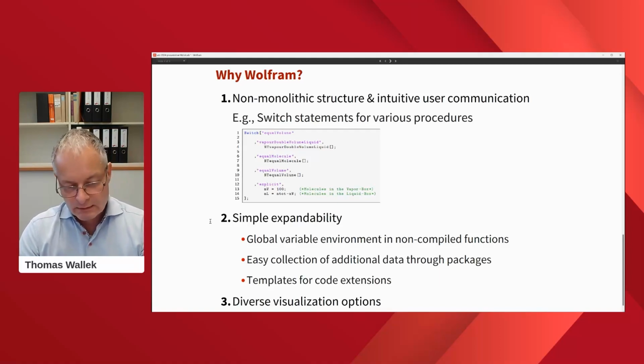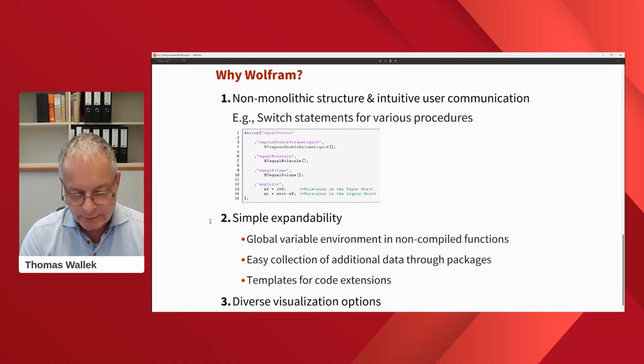Second, to ensure a simple expandability of the software for adding additional features, for example, by using a global variable environment for non-compiled functions, or the use of packages for an easy collection of additional data, or using code templates for possible code extensions.